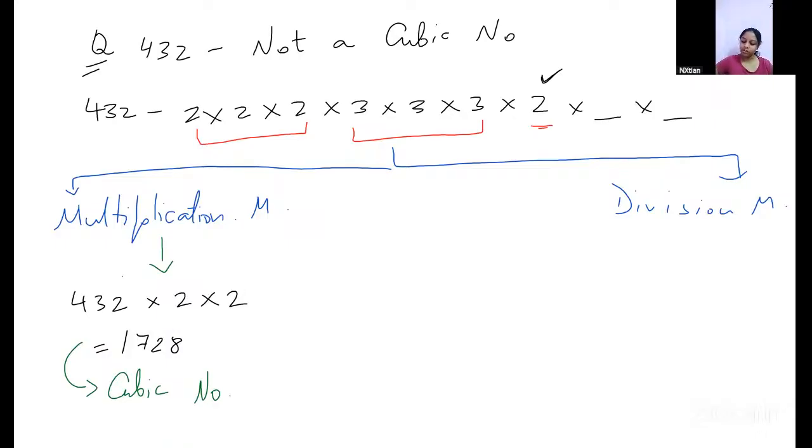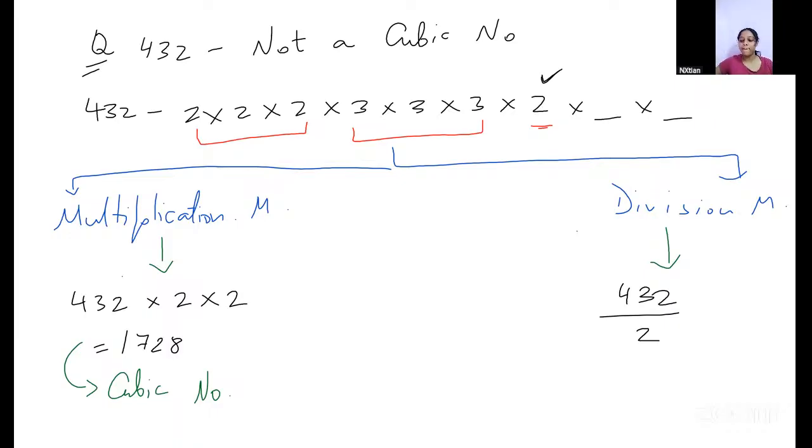Next is the division method. What we do in the division method is that I'll take the remaining factors. Or I'm just going to take 432 and divide it with 2. Just take 432, 216. I'll divide it with 2.